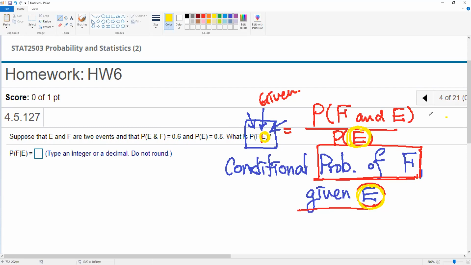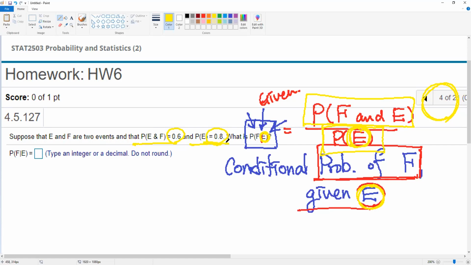I just chose number 4. It is the simplest one for the conditional probability. Let me take another one, number 9, later. But number 4 gives us the joint probability of E and F separately. The top one is a joint probability and the bottom one is a marginal probability.